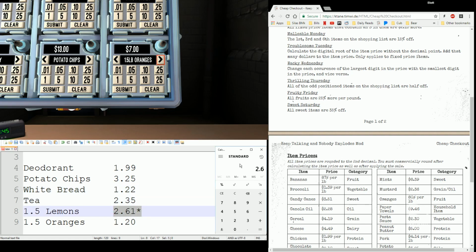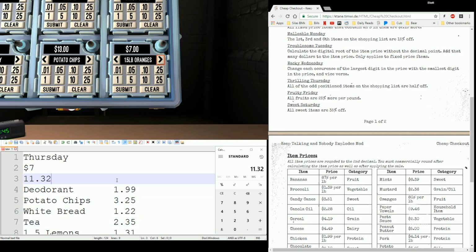Half off on the lemons becomes $1.31. Total them up. $1.99 plus 3.25, $1.22, $2.35, $1.31, $1.20 gives me a total of $11.32.